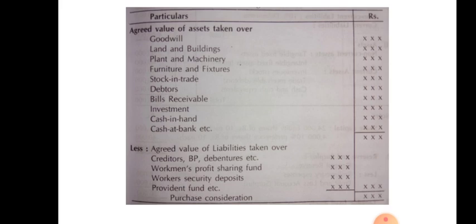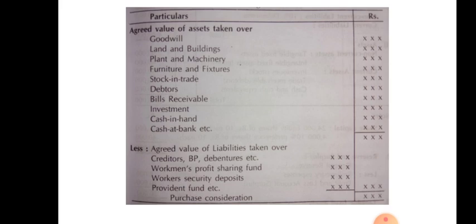Likewise, accumulated profits and reserves like capital reserve, share premium, general reserve, debenture redemption reserve, workmen's compensation reserve, and insurance funds are not considered in the purchase consideration. And one more thing: while calculating the purchase consideration, we have to take the fair value.